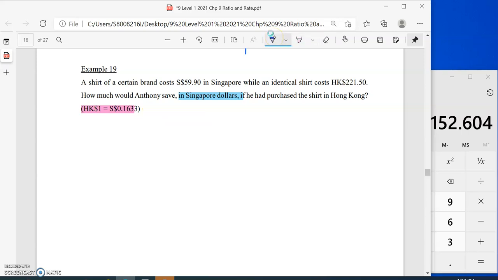So let's do our conversion and find out the cost of the shirt in Sing dollar when it is sold in Hong Kong.